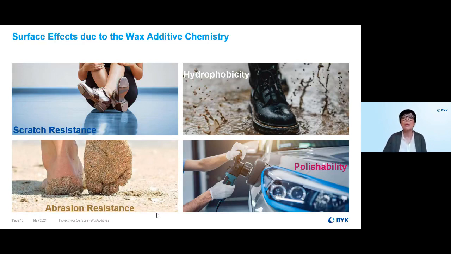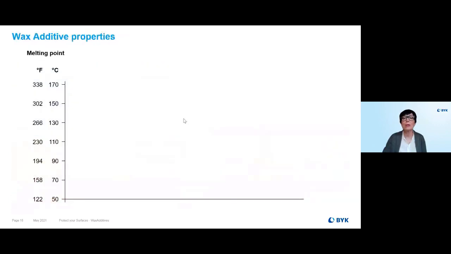And if you have a closer look, based upon the melting point of the wax, you can achieve different performances. That's the reason why, if you look closely at the data sheet of the wax additives you want to use, you will see the melting point, and from it you can get first ideas of which performance you will get.